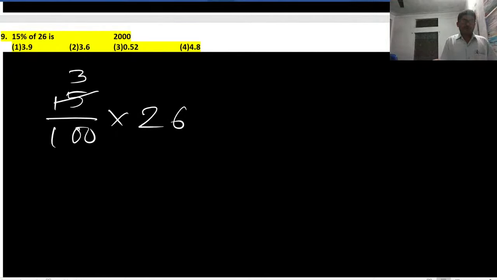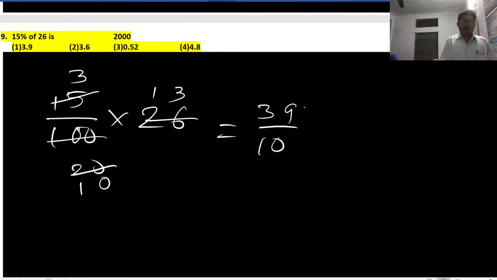Cancelling, 13 3s are 39 by 10. To divide by 10, shift the decimal to the left by 1 place. So 3.9, option 1.